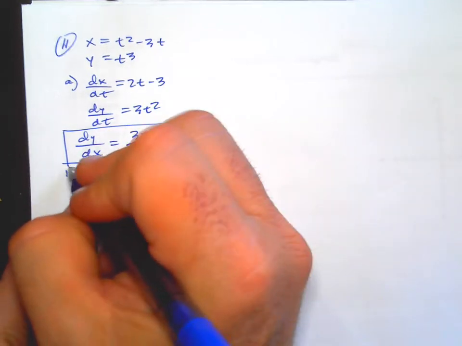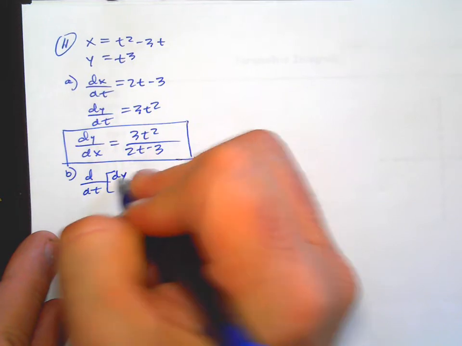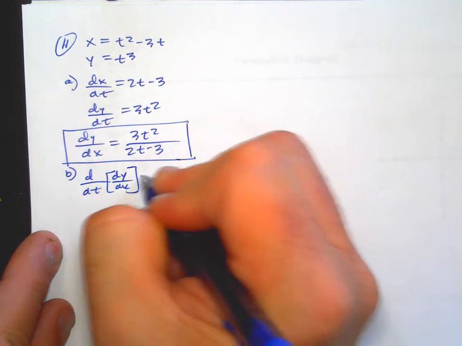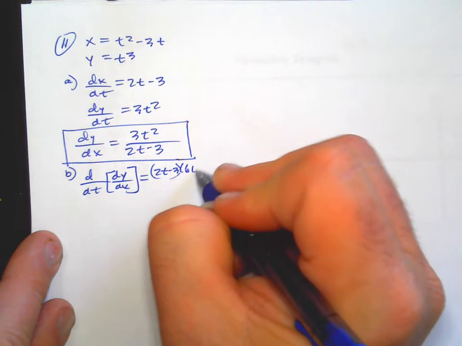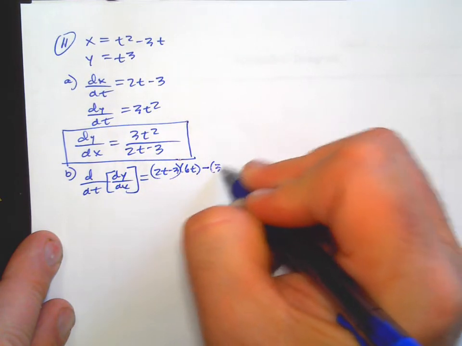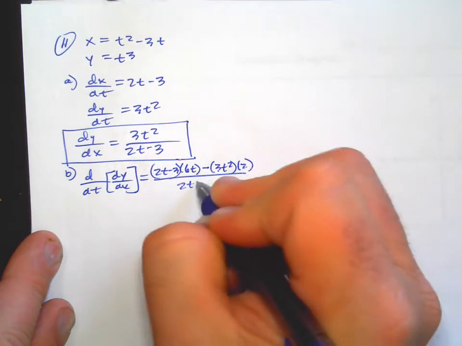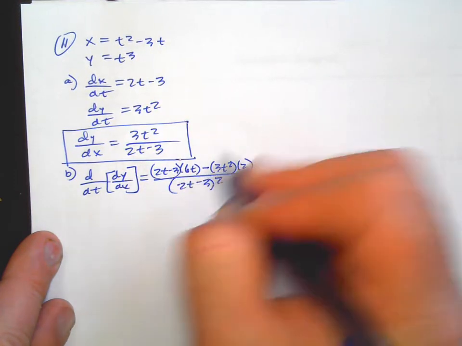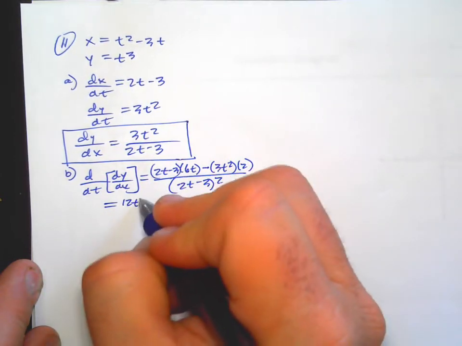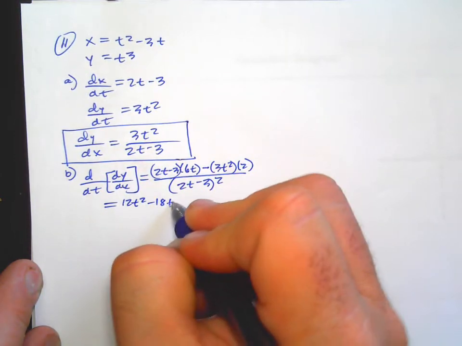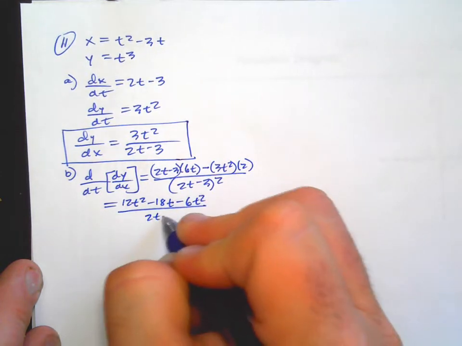In part B, we got to take the derivative of that with respect to t. So it's going to be chain rule, low d high minus high d low all over low squared. So that's going to be 12t squared minus 18t minus 6t squared. Probably leave the bottom the way it is.